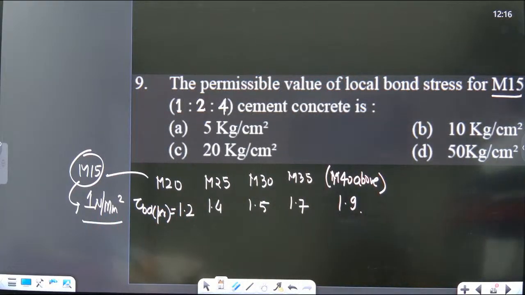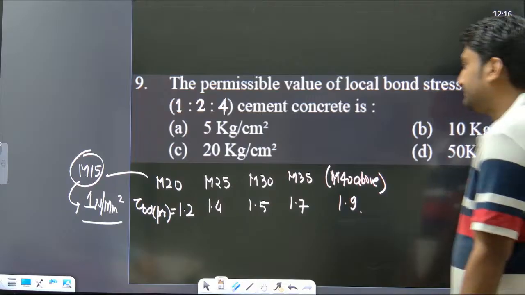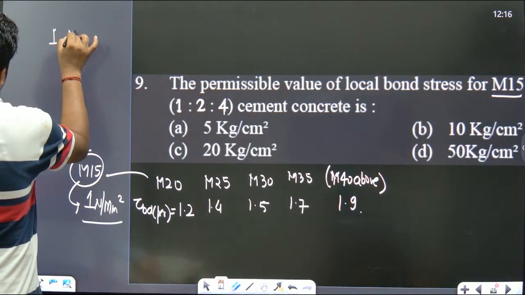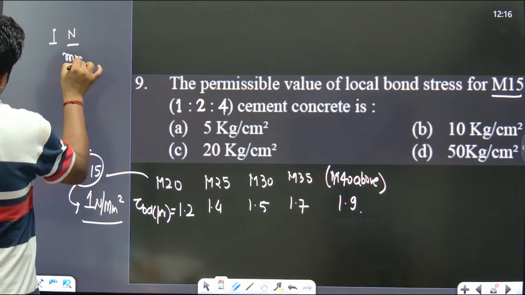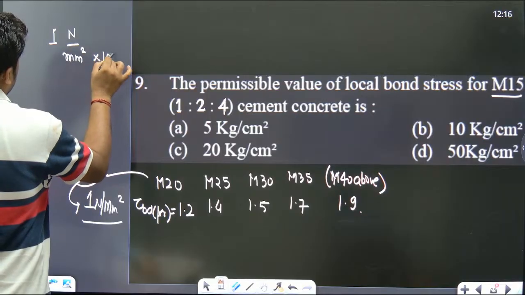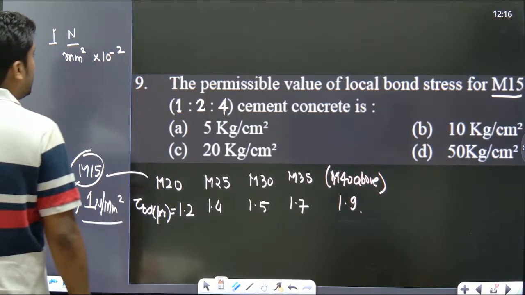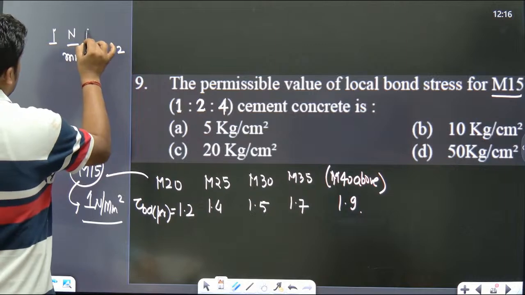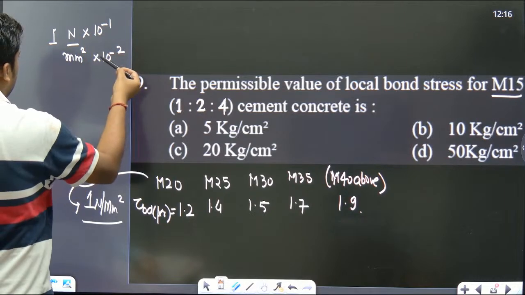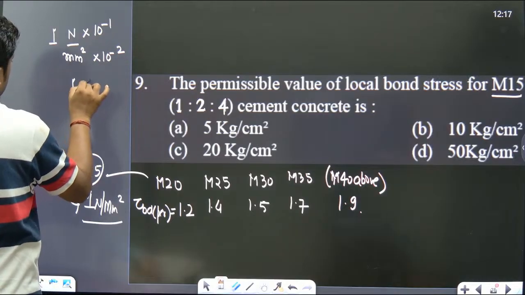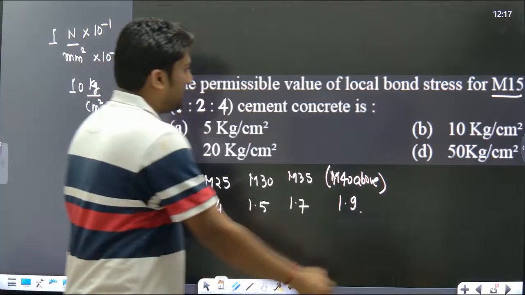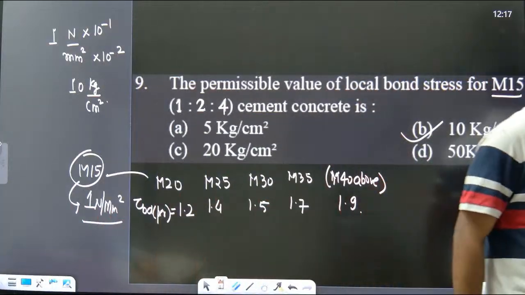Now look, 1 Newton per mm square. 1 mm has how many centimeters? 10 power minus 1. To convert Newton into kg, 10 power minus 1 is left. So this is 10 kg per centimeter square, which is option B. Option B is the correct answer.